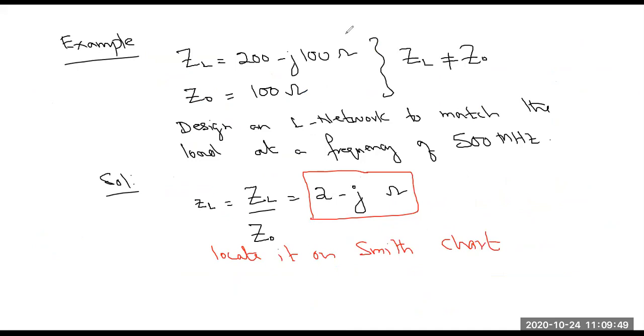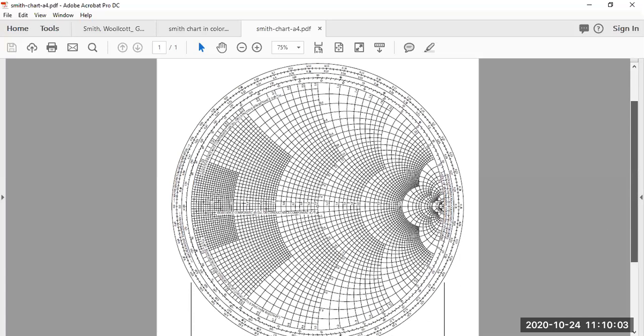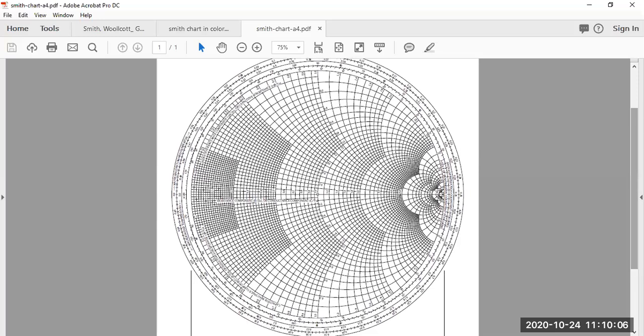Let me share the Smith chart with you. The normalized load is 2 minus j.